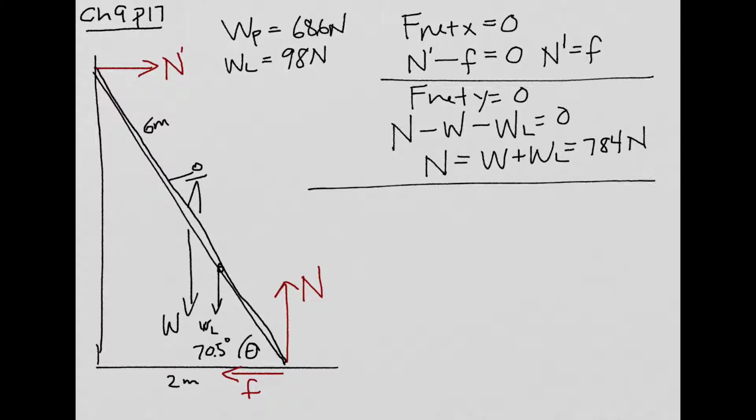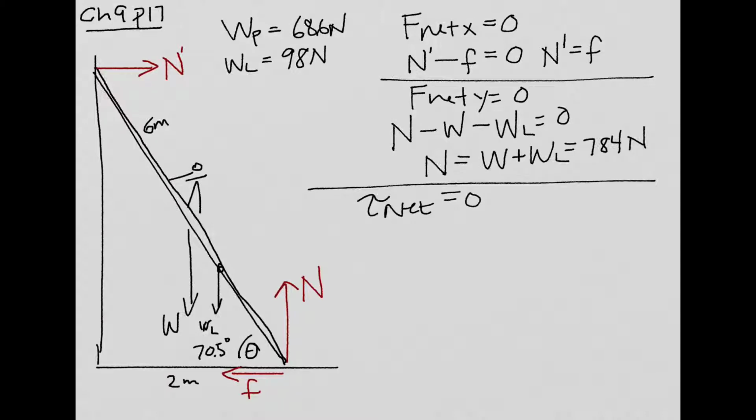The third condition of equilibrium is that the net torque is equal to 0. So the first thing we have to do is select an axis of rotation around which we'll analyze the torque.